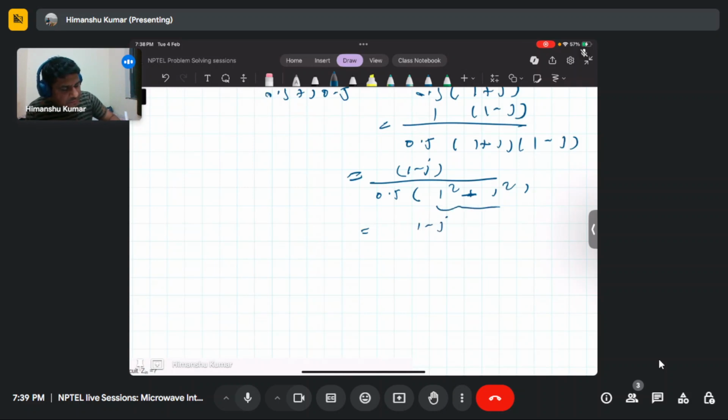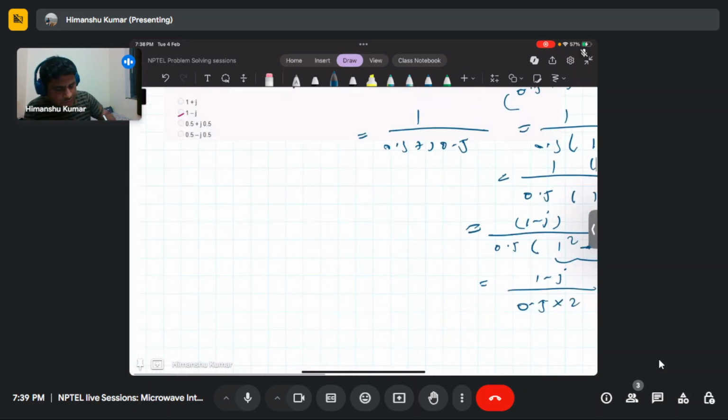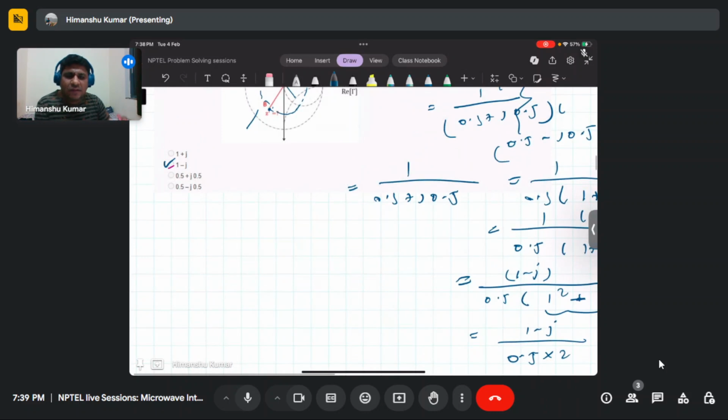So we get (1 minus j) divided by 0.5 times 2, which equals 1 minus j. So the correct answer among these choices is the second one. This was the solution.